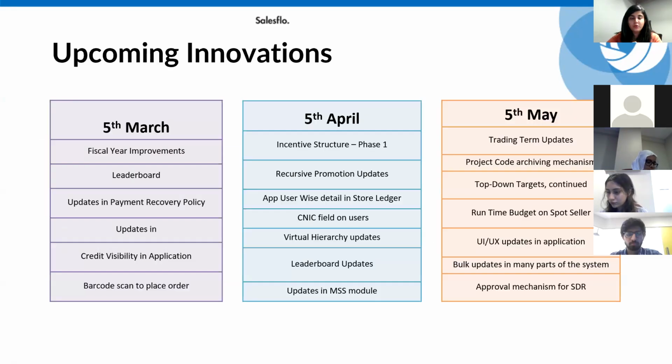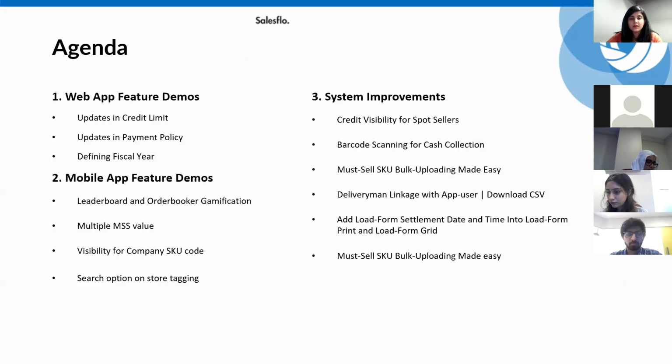Moving forward, I'll be talking about the innovation plan for 5th March. Whatever we've launched, we'll brief you about it, and at the end we'll show you the innovation plan for the next 3 months. The agenda of this event is web app features.